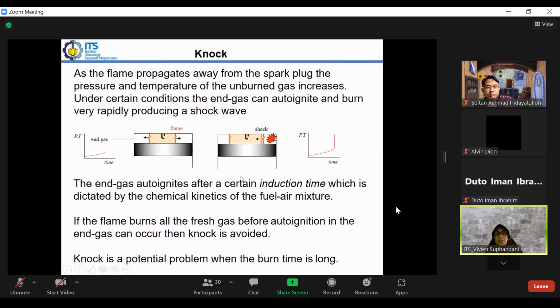This is the illustration: in normal operation, the flame will propagate from the center, from the spark plug, to the surrounding. But in knocking, when the flame propagates, we will also have some auto ignition of the fuel outside of the flame wave. That will cause fluctuation.